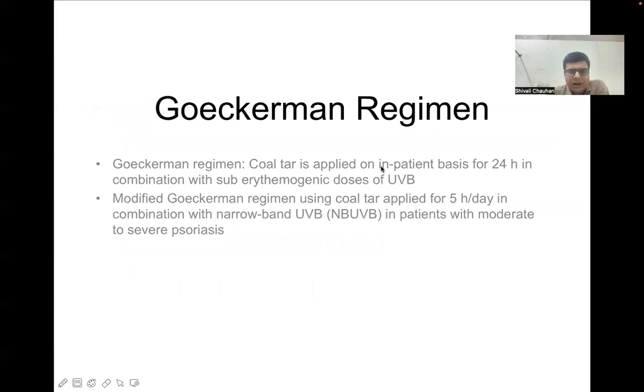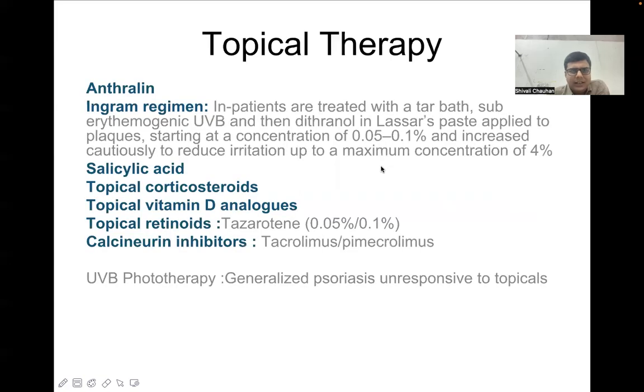An old regimen, Goeckerman regimen, was first followed, in which coal tar is applied on a patient for 24 hours in combination with erythemogenic dose of UVB. In modified Goeckerman regimen, coal tar is applied for 5 hours per day in combination with narrow-band UVB in patients with moderate to severe psoriasis.